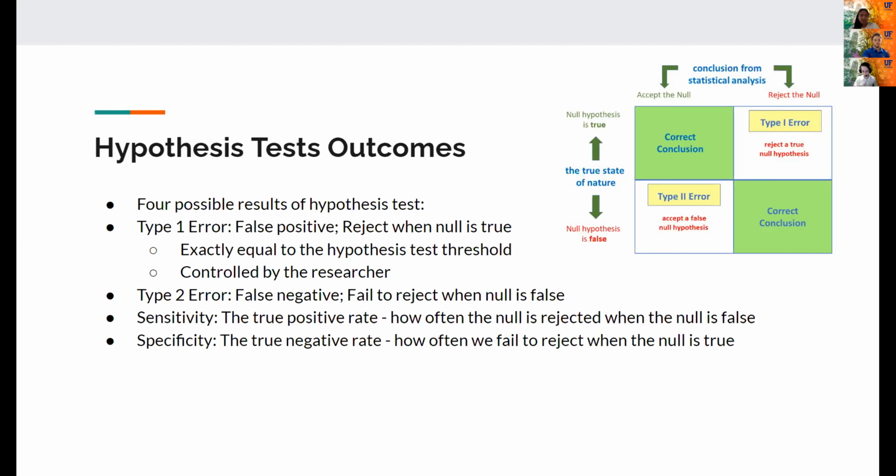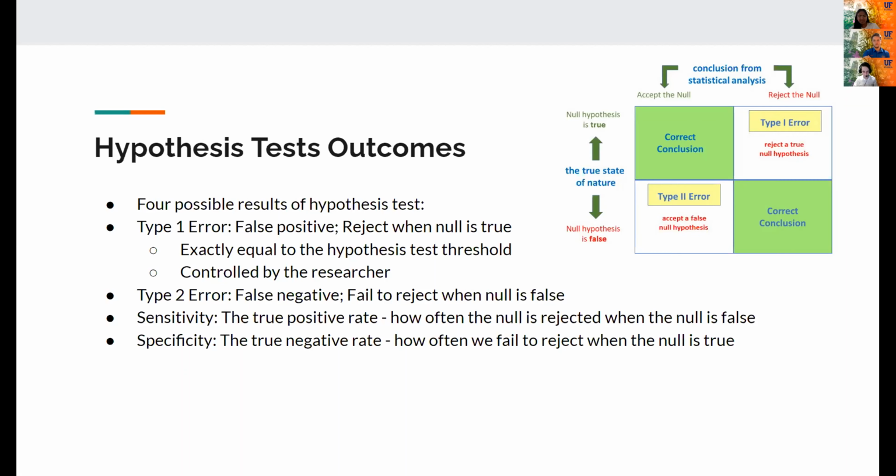Another part of hypothesis testing is sensitivity versus specificity. Sensitivity is regarding the true positive rate: how often the null hypothesis is rejected when the null is false. So how many times are you getting the correct outcome based on your hypothesis test?